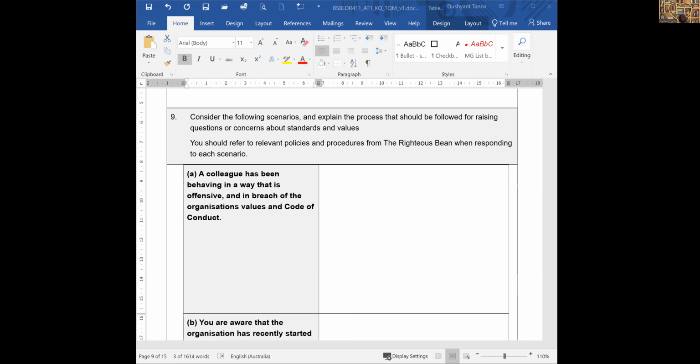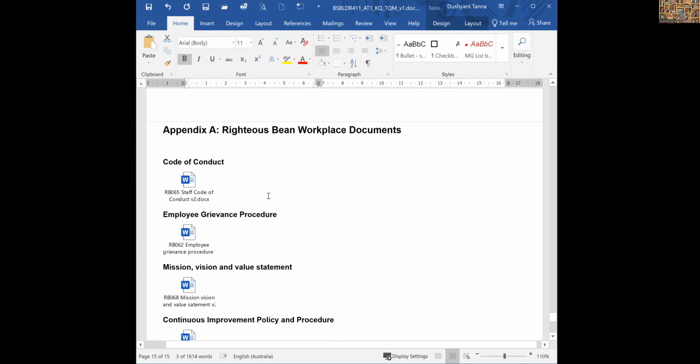Yes, it's there. Employee grievance procedure, code of conduct, mission vision, and continuous improvement. All the 4 attachments reflected here, which you will need, are on My Village, task 1. Yeah, you just need to grab them. Okay. I'm happy to share the link. So you just enter your login ID and password and it should be there. Yeah, for task 1.